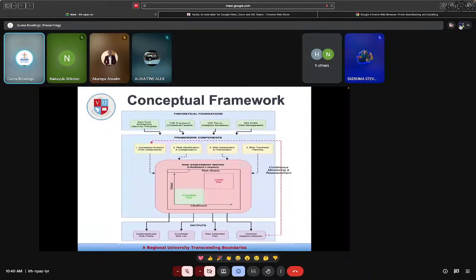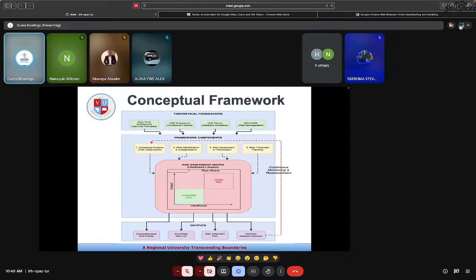So then we have the framework, which will also be categorized in four. We have a contextual analysis, risk identification and categorization, risk assessment and prioritization, and then the last one will be risk treatment planning. The outputs are aligned according to the inputs.